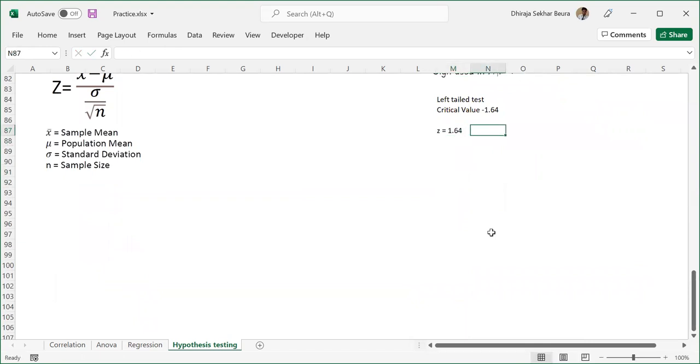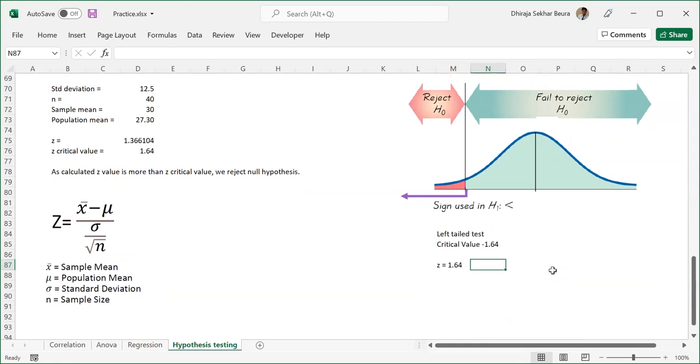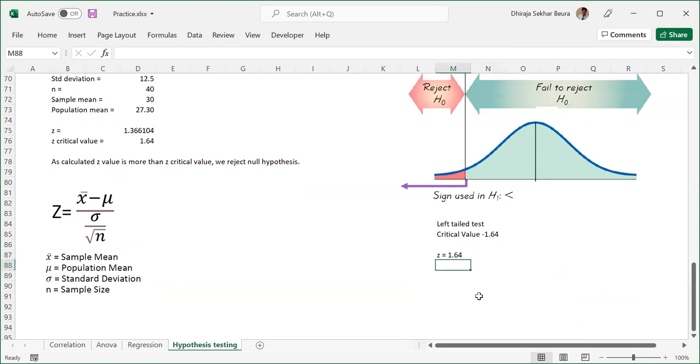Will it fall in the red zone or the green zone? Green zone. Are we rejecting or failing to reject the null hypothesis? We are failing to reject. Absolutely correct. Similarly, suppose Z is equal to 2.64. Exactly the same thing. You agree?